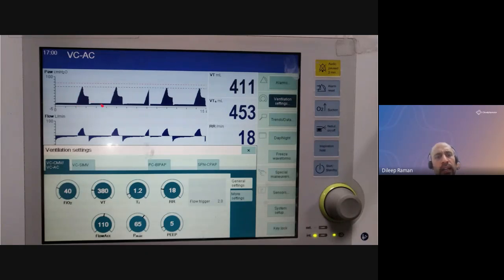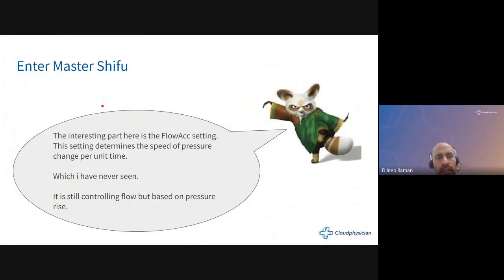So then we tried to analyze this a little bit further, and I actually sent this to some of my mentors. What is happening here is that there is a flow ACC setting which is determining the rate of change of pressure, yet the name of the setting is flow.